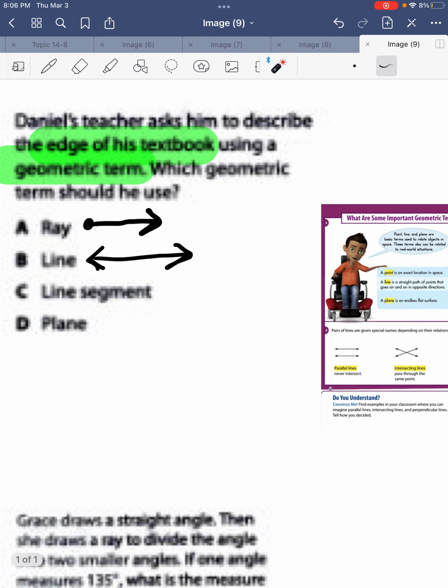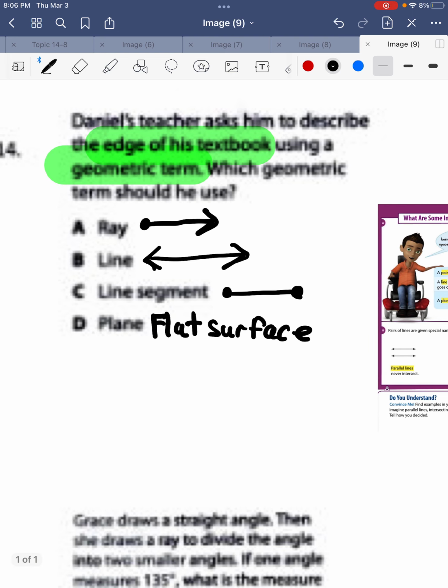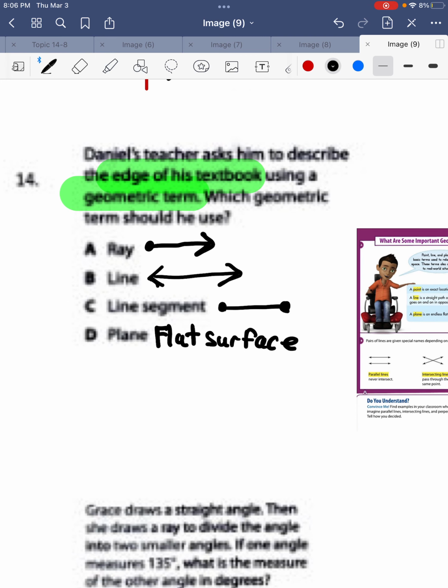So I'm going to draw that. I have an endpoint here, my line, endpoint here. And a plane is just a flat surface. So I'm just going to write flat surface. And I'm going to do my best to draw this. I have a book, and he's trying to describe the edge of the book.